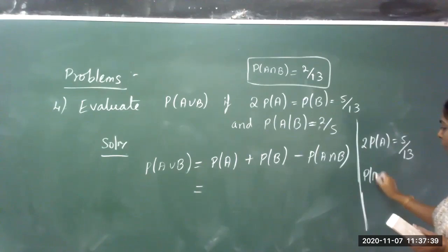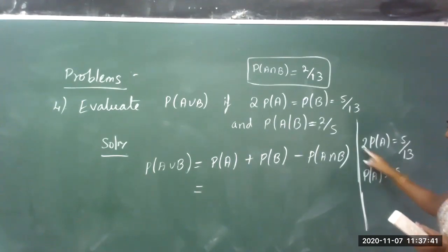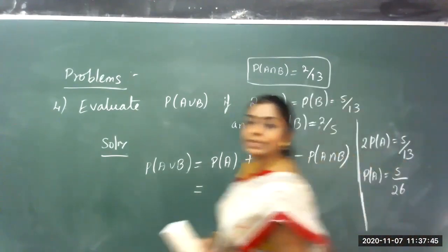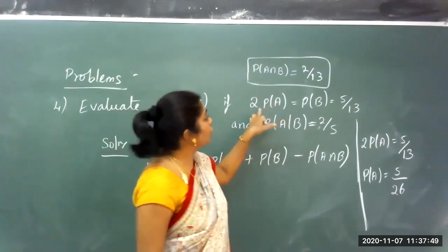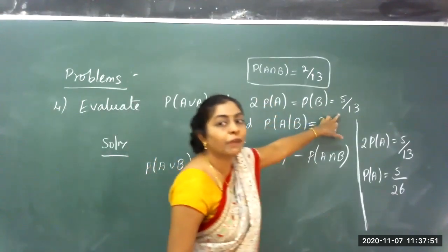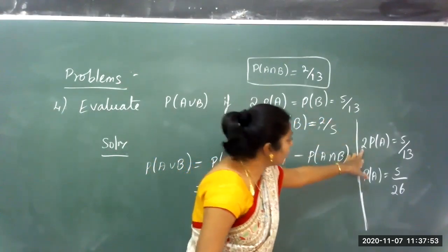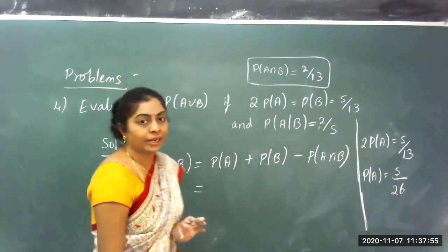So if I want the probability of A, 2 comes to the denominator: 2 into 30, that is nothing but 26. I have in the given data 2 times the probability of A is 5 by 30. So that 2 I will bring to the denominator and rearrange.